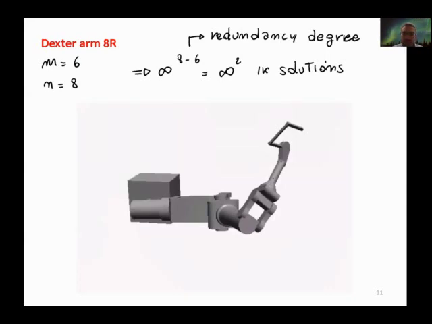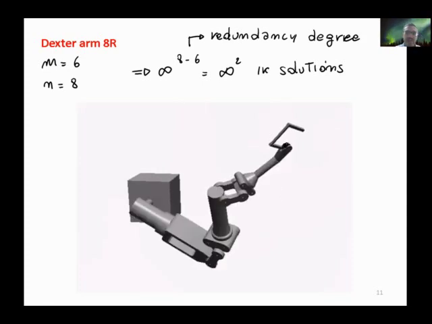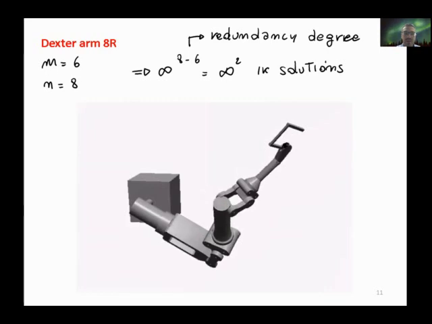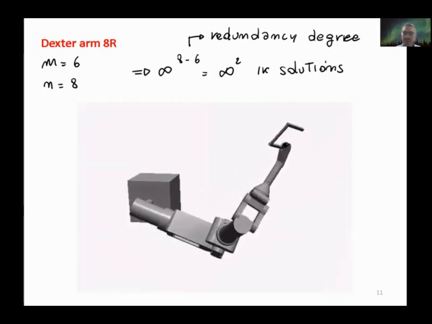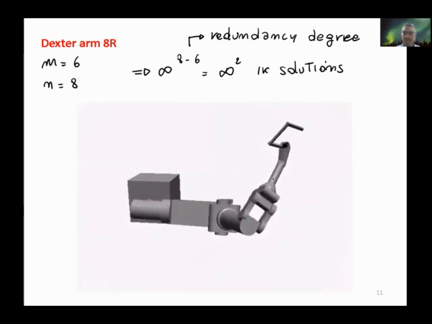We are assigning a task dimension of 6 to keep the end effector position and orientation fixed, and we can see that the robot can still move all the joints, keeping the end effector position and orientation fixed. This means that we are assigning a task of dimension 6, but we have 8 joints, so we have infinite to the power of 2 configurations to realize it.